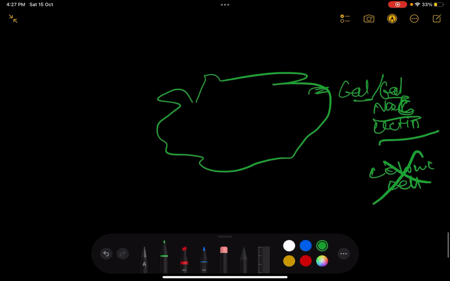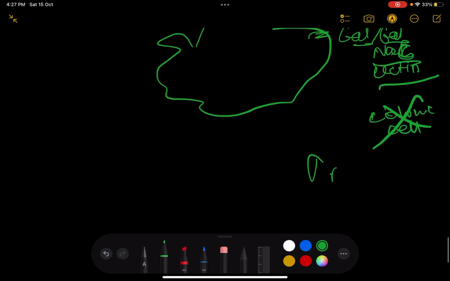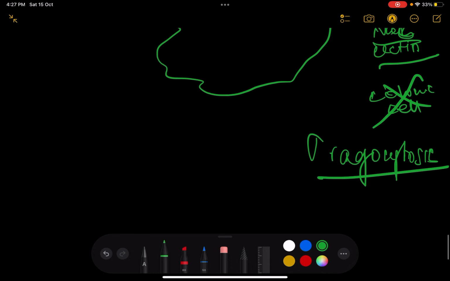When they cause this damage, we call this phenomenon trogocytosis. Let's say if this is the mucosa, it'll come here and nibble it. It'll nibble and slowly, steadily decrease the entire cell, and it will cause its apoptosis.